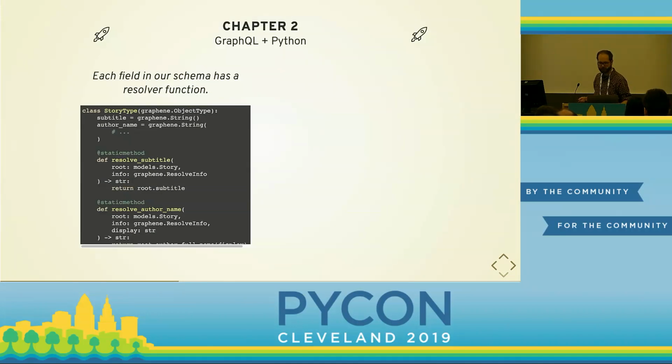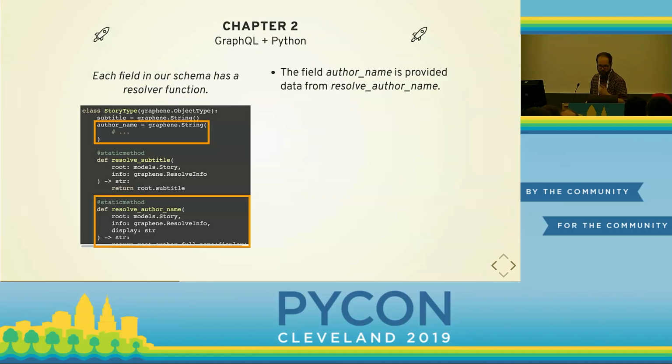Each field in our schema has a resolver function. A resolver is a simple function that returns the data for a particular field, which will then be passed through to the next type in the graph. In this case, we have a field author name that is provided data from the function resolve author name. So here's our field author name and our resolver, resolve author name.